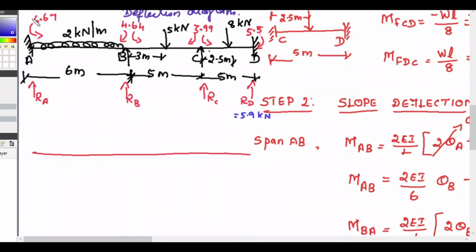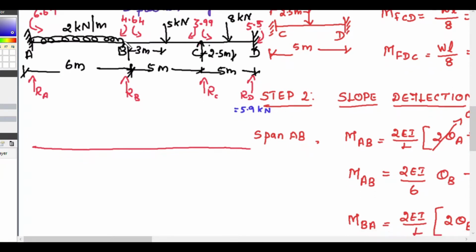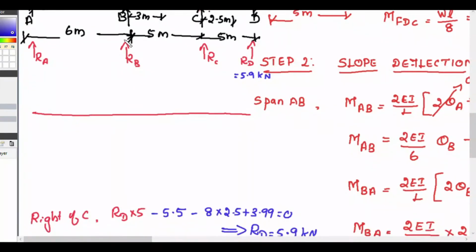So minus 6.67 plus RA into 6 minus 2 into 6 into 3 plus 4.64 is equal to 0. So we get RA is equal to 6.33 kilonewton.